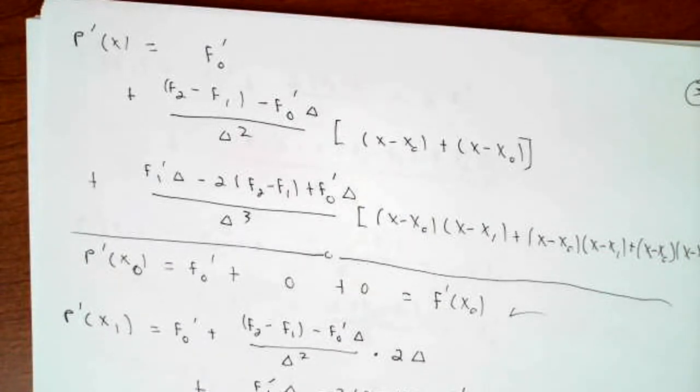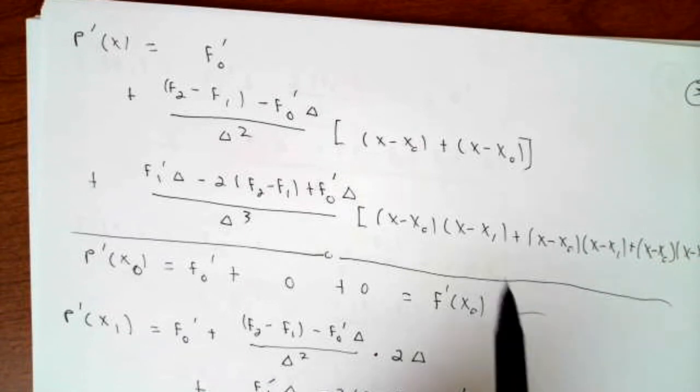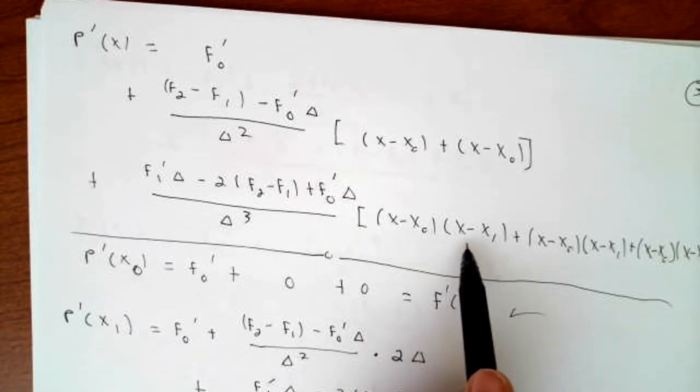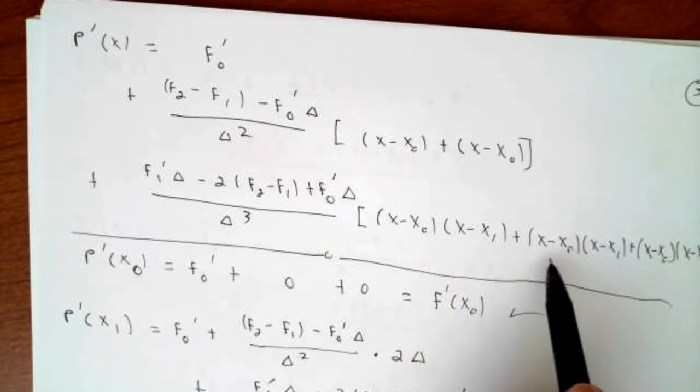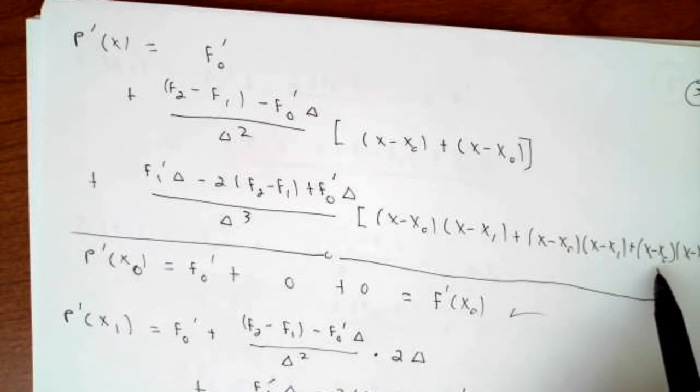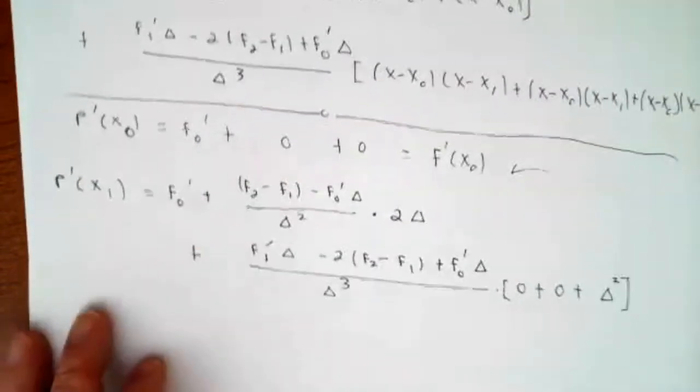That'll be 2 times x1 minus x0, or 2 times delta, as I'm calling it. So I'll have my coefficient times 2 delta. If x is equal to x1, then this is 0. That's 0. And I'll have a factor of x1 minus x0 times x1 minus x0. I'll have 0 plus 0 plus delta squared.